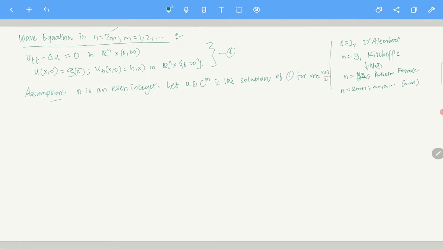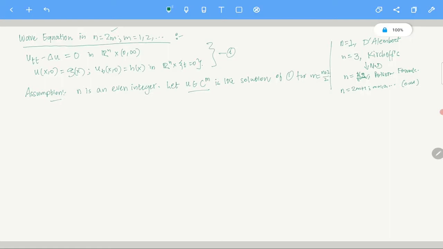In 2 dimensions, let's say n equals 2, you have (2 plus 2) by 2, which is 2. So m equals 2, so basically you need u to be in C^2 in 2 dimensions. As you go to higher dimensions, that is the regularity which you need. So we start out with u in C^m.